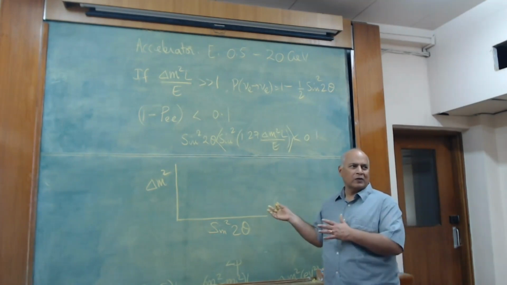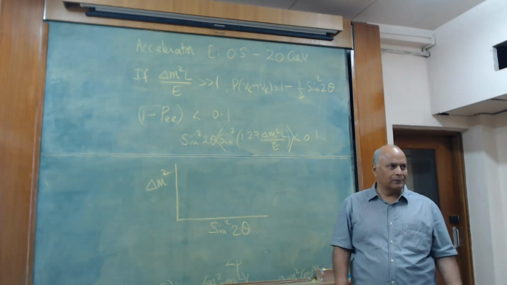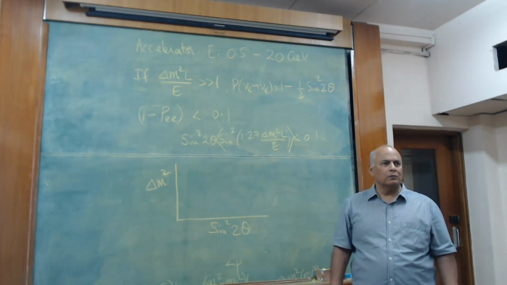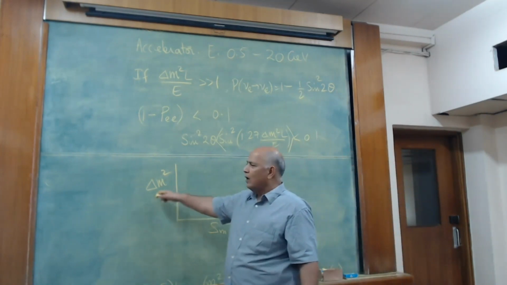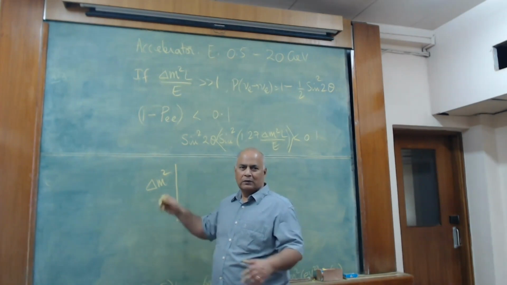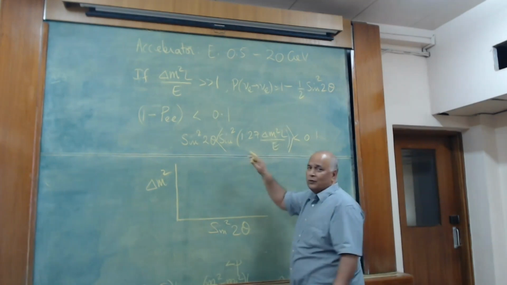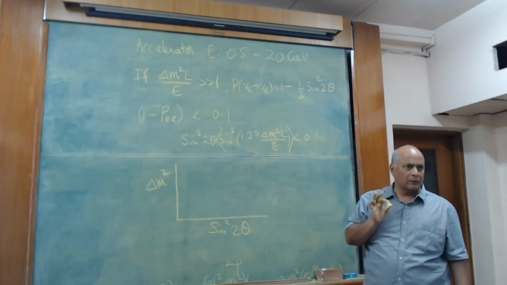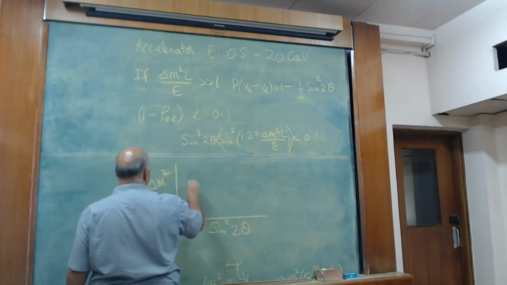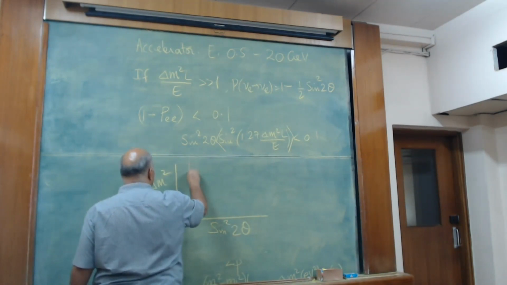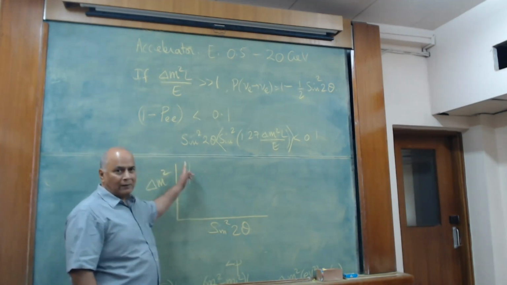So one side of the curve is ruled out, the other side of the curve is allowed. How does this curve look? For very large values of delta m square, the experiment doesn't have any sensitivity and this average value is half. So for large values of delta m square, there is no sensitivity to delta m square. So I have a vertical line.